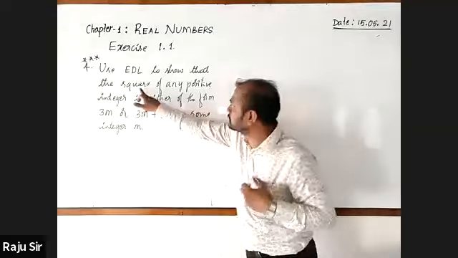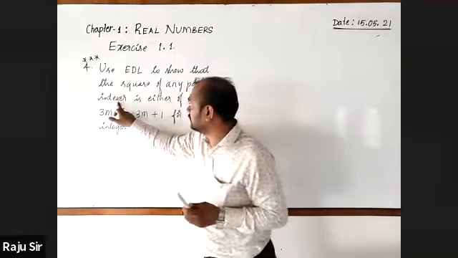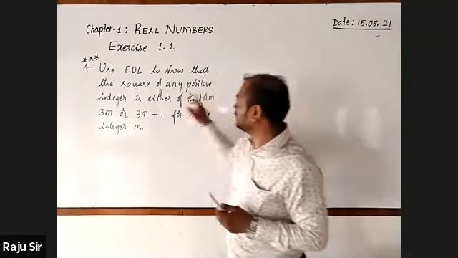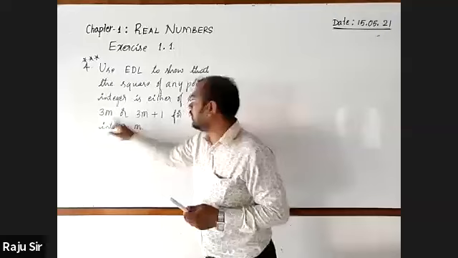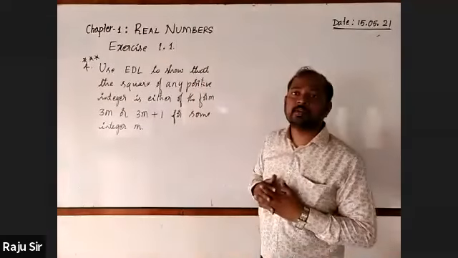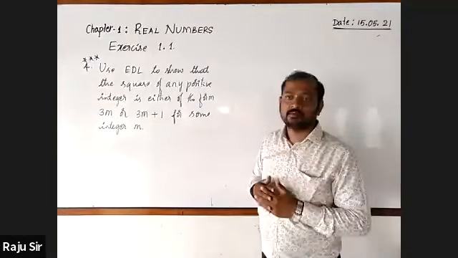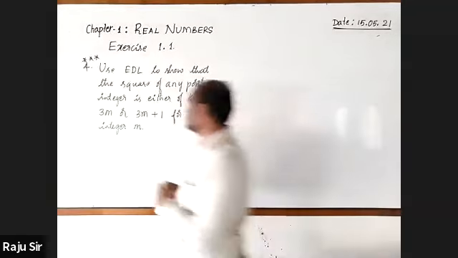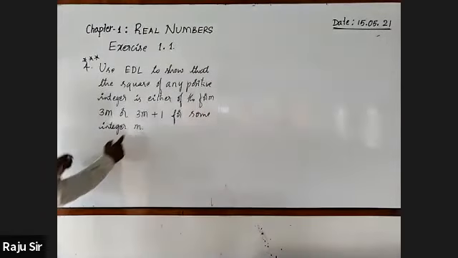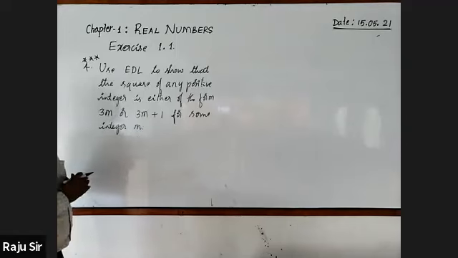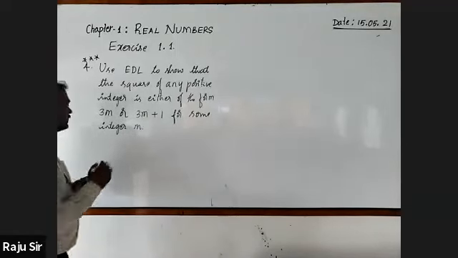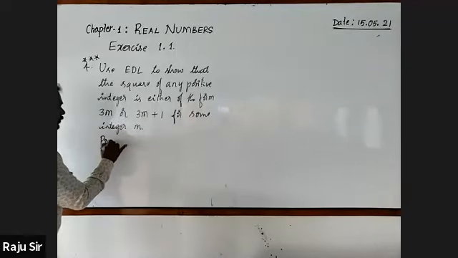But here, the square of any positive integer will be either in the form of 3m or in the form of 3m plus 1. Got it? Where m is some integer. Now, please go on writing the proof.